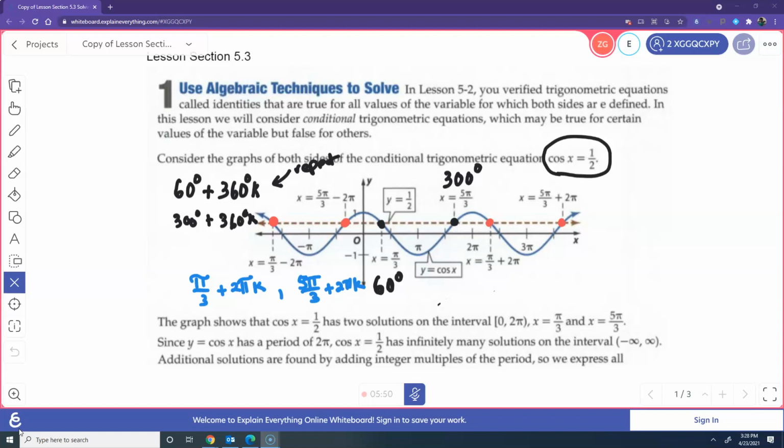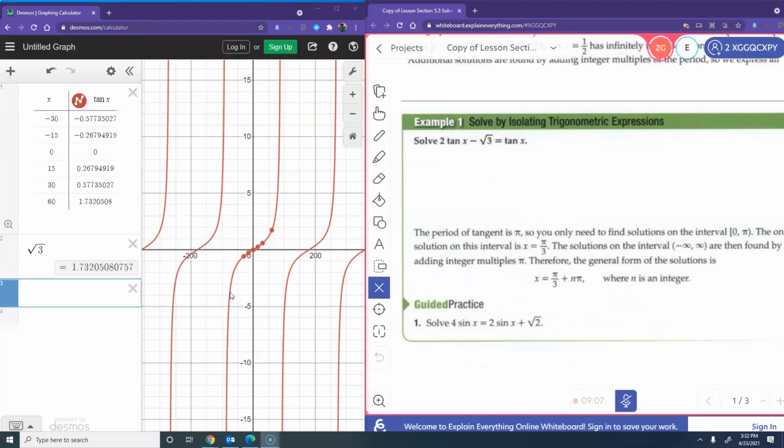The difference between a regular equation and a trig equation is that in a trig equation the answer may repeat because of the nature of the graphs of sine, cosine, and tangent.